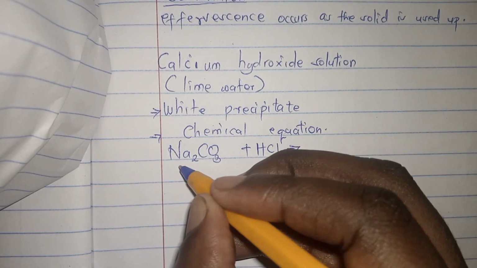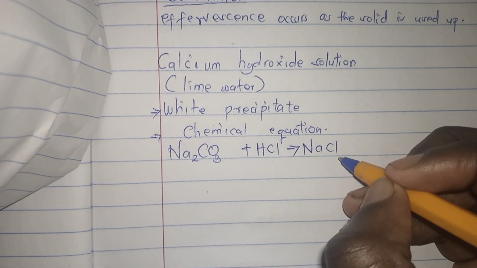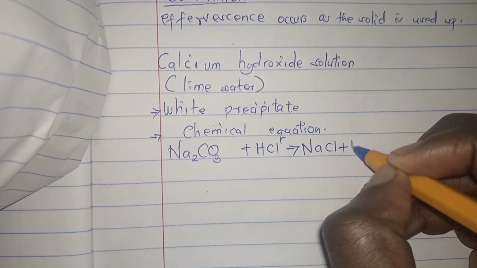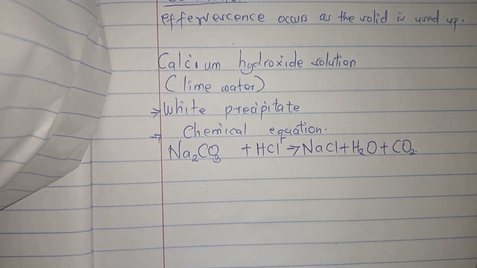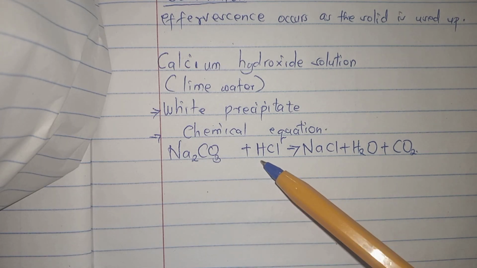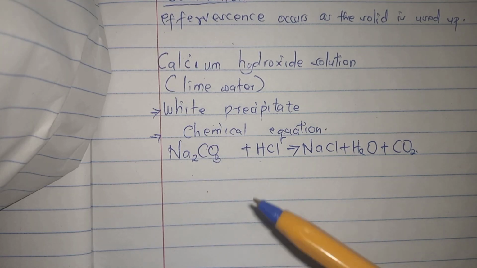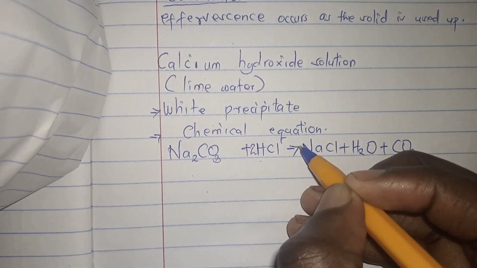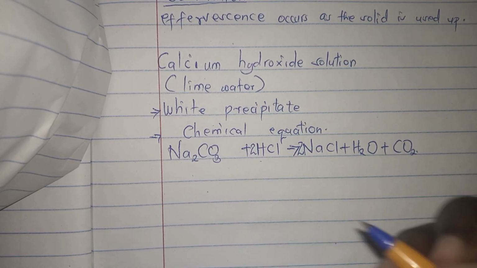My salt will be sodium chloride plus water plus carbon dioxide. My equation is not balanced. To balance my hydrogen atoms, on my reactant side I have to write here 2. I also write here 2, and my equation is balanced.